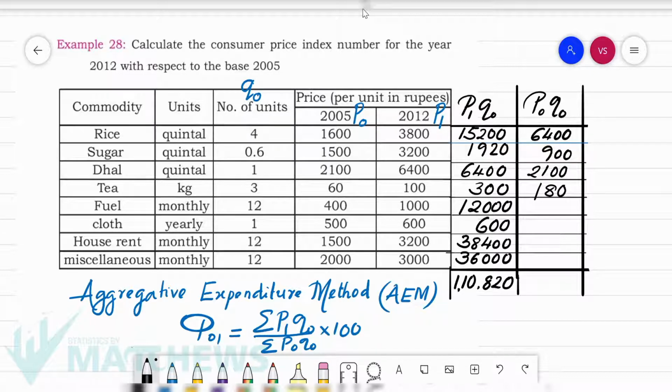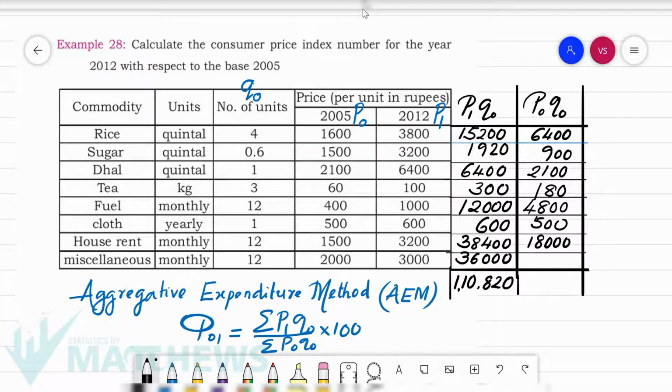Plus the next, 500 into 1, is equal to 500. The next is 1,500 into 12, which is 18,000 students.